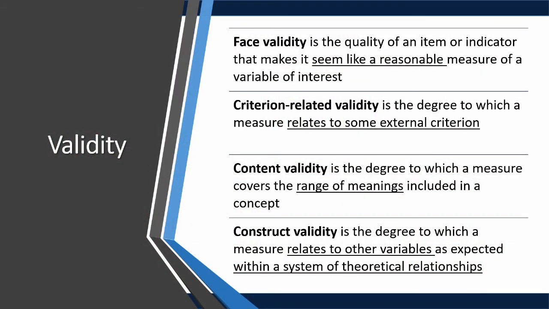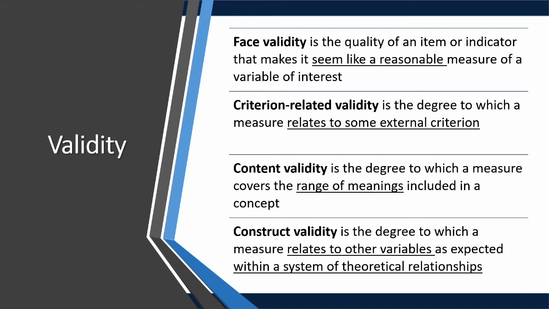There are four ways to determine whether a measurement has high validity. We'll go over examples of these measurement validities in the coming section, but I wanted to foreshadow them here. In face validity, we're determining whether an item seems to be a reasonable indicator of the variable.